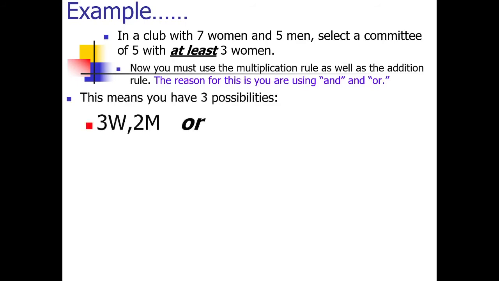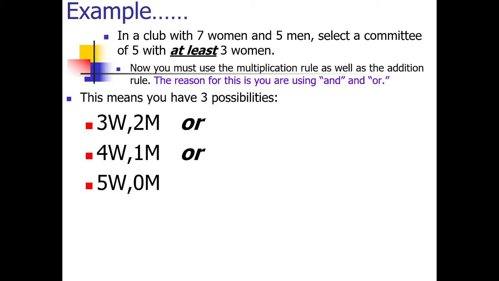It can be 3 women, 2 men. It can be 4 women, 1 man. Or it can also be 5 women, no men. So when I say at least 3 women, it can be 3 or more women. You understand at least, right? So when I say at least, it means 3 or more. So it can be 3 women, 4 women, or 5 women.